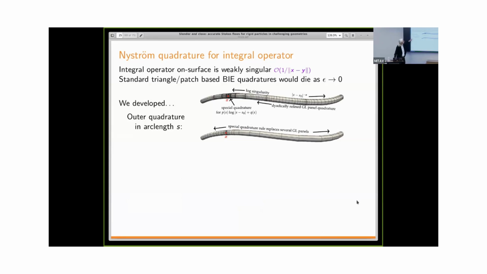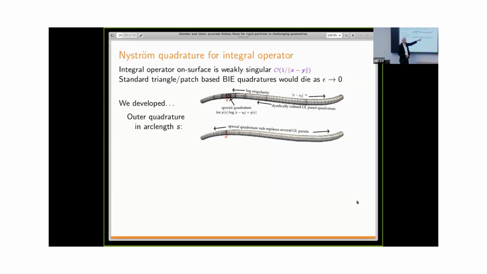Daria did all of the work here: you have to handle these weakly singular operators. So here's a target point, and you want to evaluate an integral on this surface that passes through that target point. In the outer quadrature, you end up with some log singularities, so you need dyadic refinement.